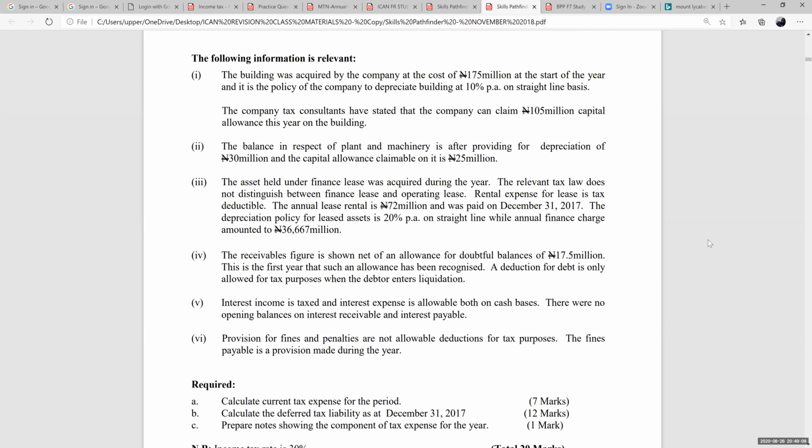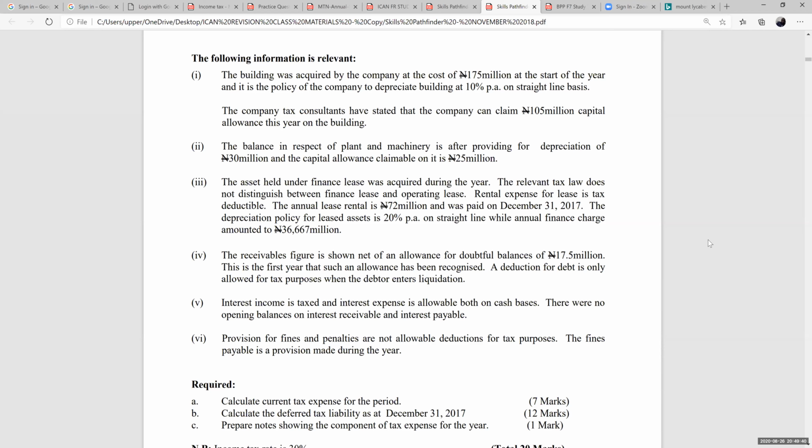A deduction for debt is only allowed for tax purposes when the debtor enters liquidation. 5, interest income is taxed and interest expense is allowable both on cash basis. There are no opening balances on interest receivables and interest payable. 6, provision for fines and penalties are not allowable deduction for tax purposes. The fines payable is a provision made during the year.